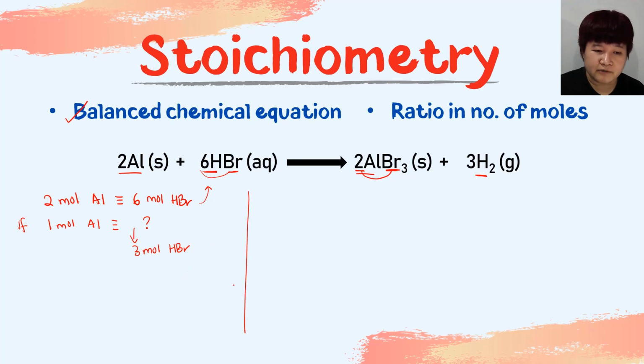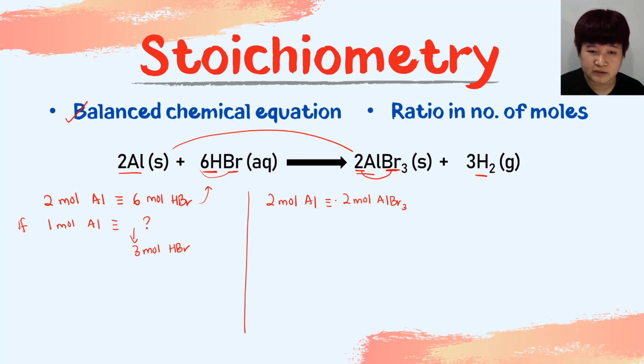Other than comparing the reactants, we can compare the reactant and the product. For example, 2 moles of aluminium will produce 2 moles of AlBr3. So if I have 2 moles of aluminium, I will have 2 moles of aluminium bromide.